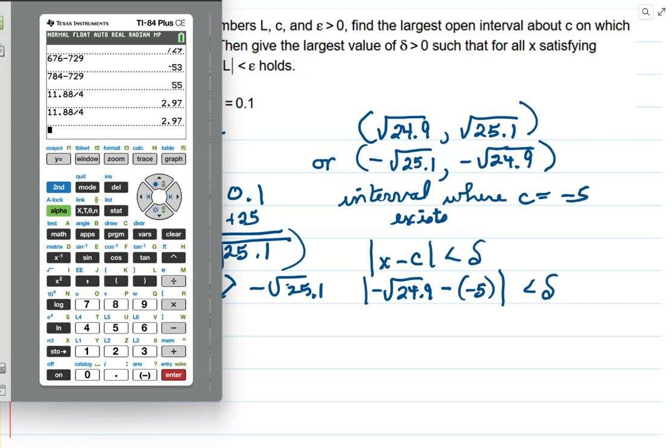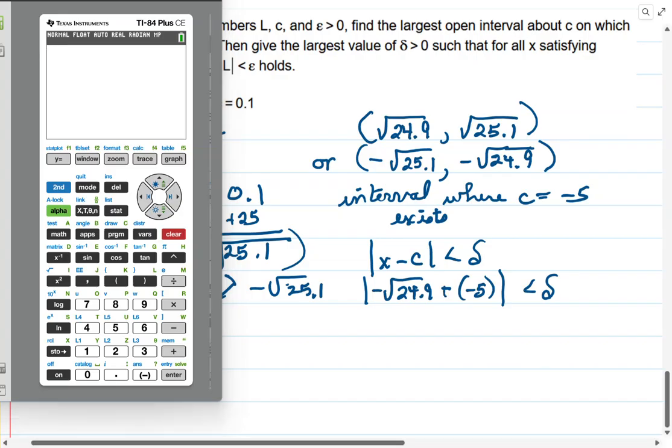And we're going to clear that mess. Oops, sorry. Clear it, and we're going to enter. And I'm going to do it without the symbol. We know this is a positive.